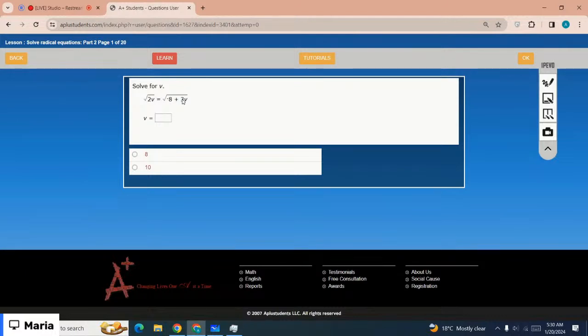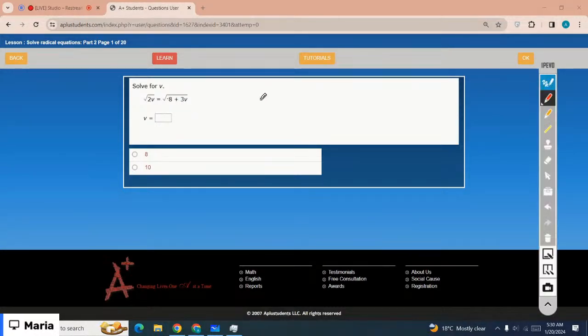The first one is solve for v. So square root 2v equals square root negative 8 plus 3v. Both sides have square root, right? You need to calculate the value of v. Just square both sides. 2 and square root cancel, right?